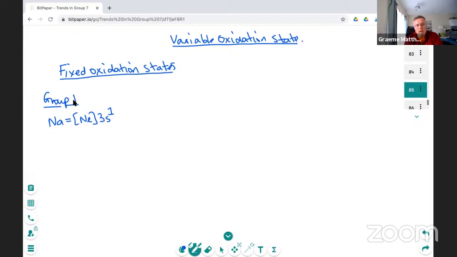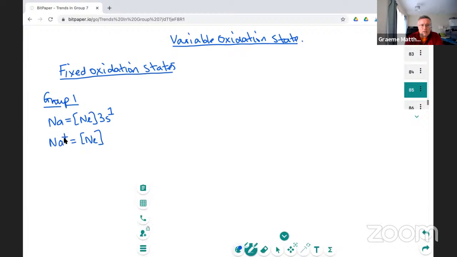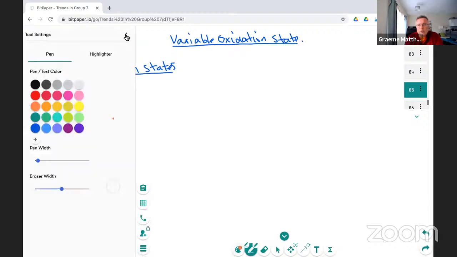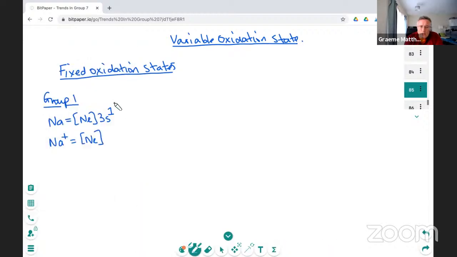All right, then, so look, group 1 then, sodium is neon 3s1, right? So therefore, you'd say, yes, it does make sense if sodium ion is written as neon, because there's only one valence electron.